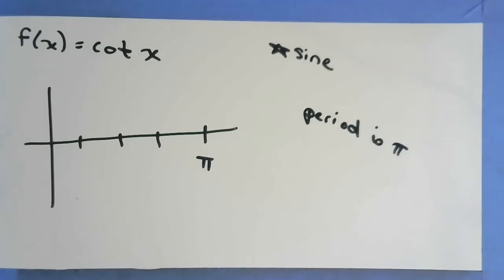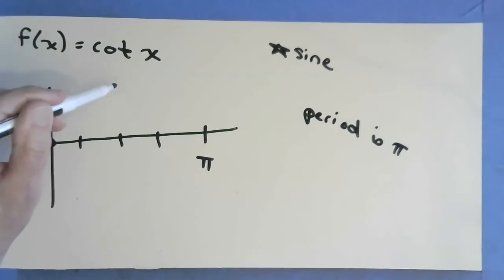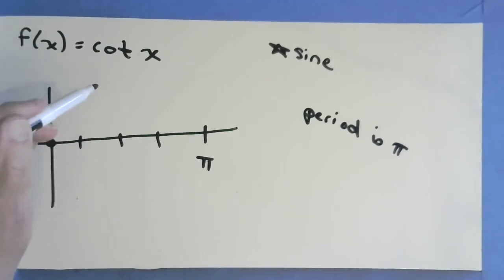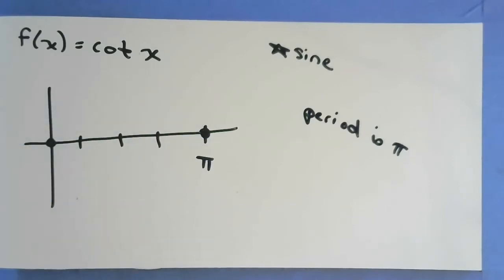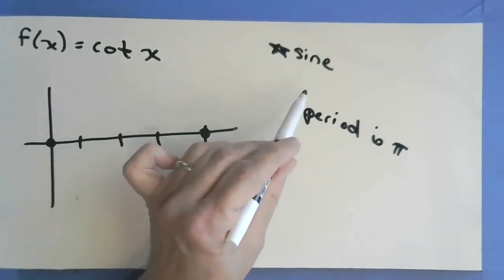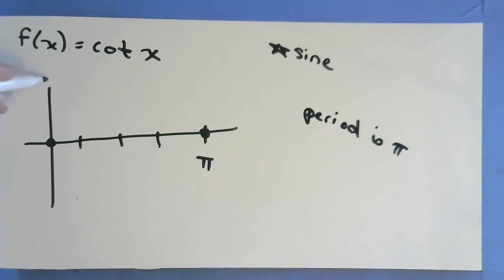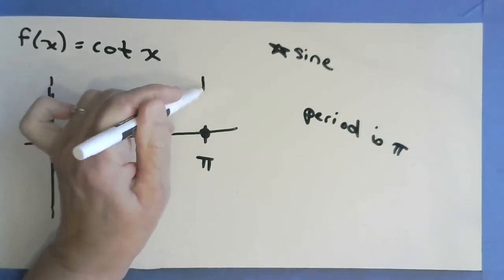So if we were just doing sine, we would say 0, and then we would say 0 up, and then 0 for pi for sine. But we recognize that sine is in the denominator for cotangent, so it is actually asymptotes there.